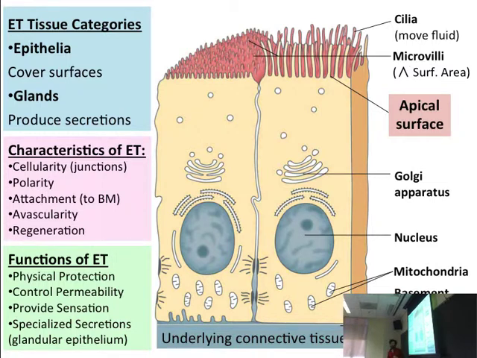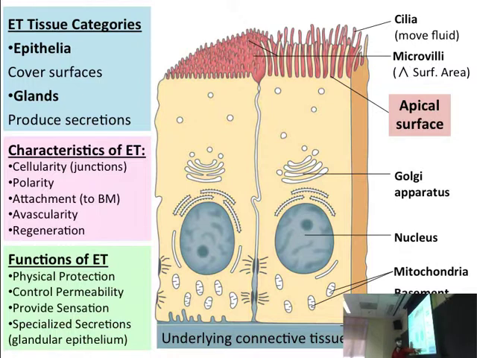They have attachment. Epithelial cells have attachment to a basement membrane. So here is an epithelial cell. Here's some sort of connective tissue that's adjacent to the basolateral surface. This underlying connective tissue forms a basement membrane.